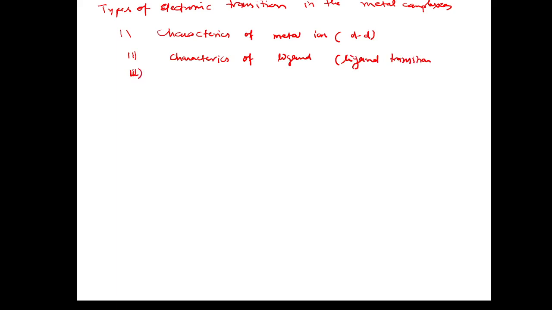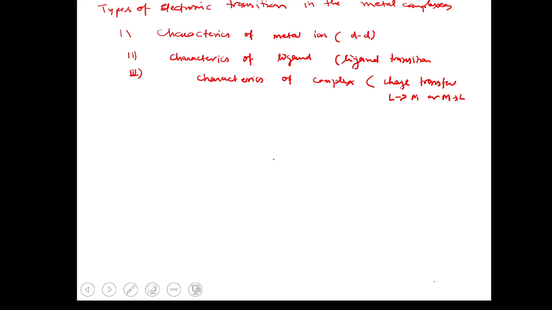Third, we have characteristics of the complex, which is basically charge transfer, whether it will be ligand to metal or metal to ligand. There are two kinds of charge transfer.